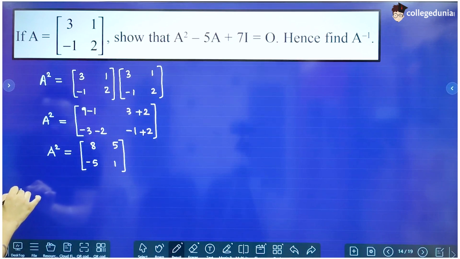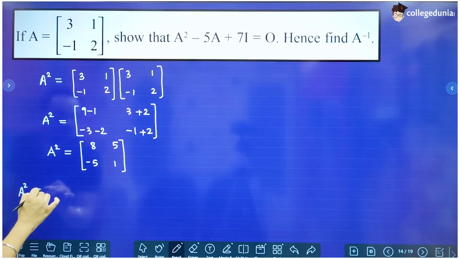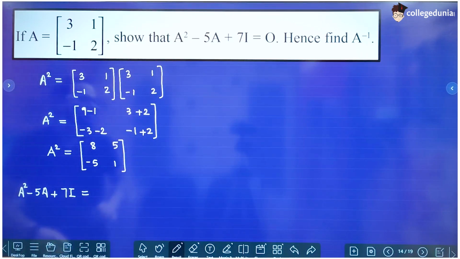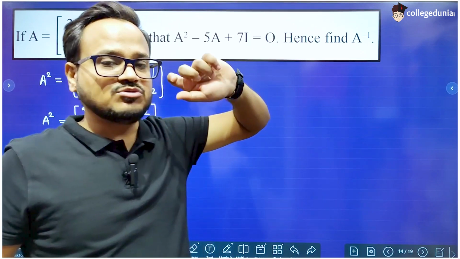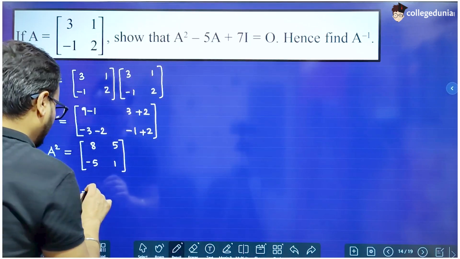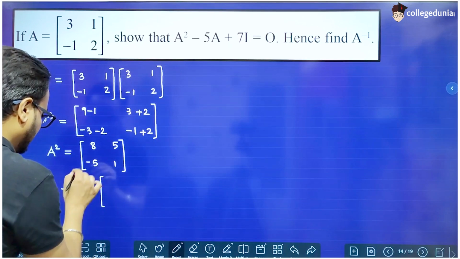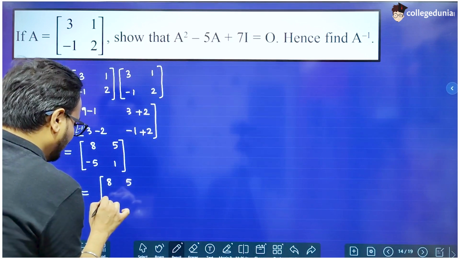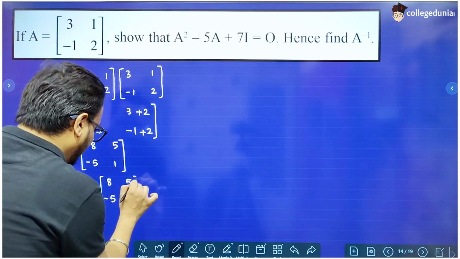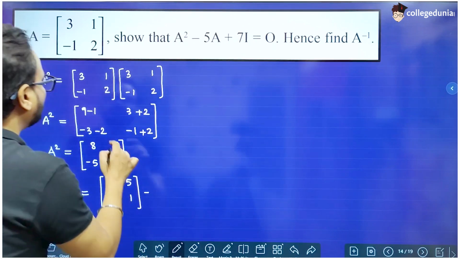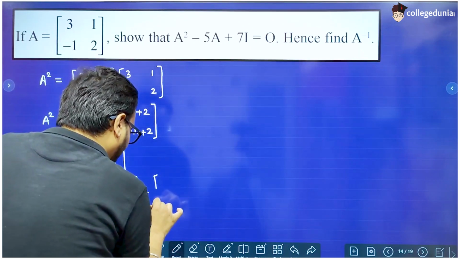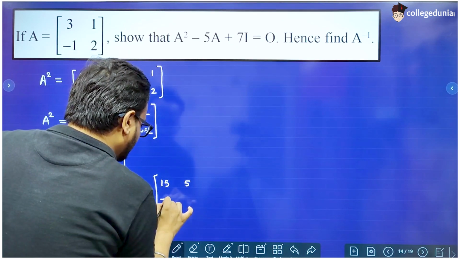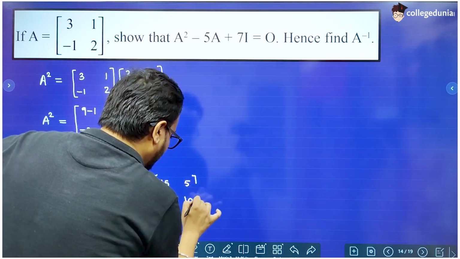Now let's find that value, which is A square minus 5A plus 7I, and we have to show that it is equal to a null matrix, which means all the elements of the matrix are going to come 0. So let's put these values. A square is 8, 5, minus 5 and 1, minus 5 into A. So this is 15, this is 15, this is 5, this is minus 5 and this is 10.